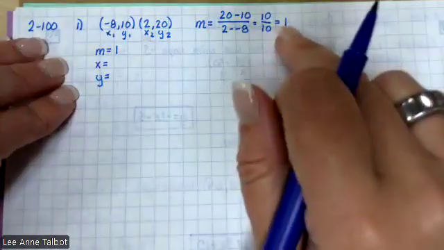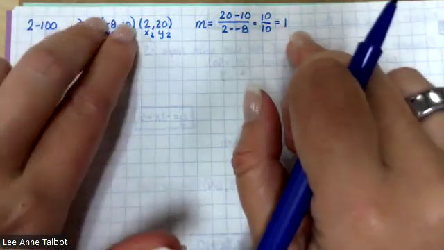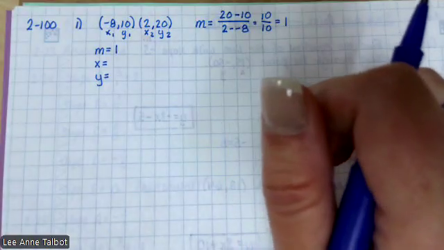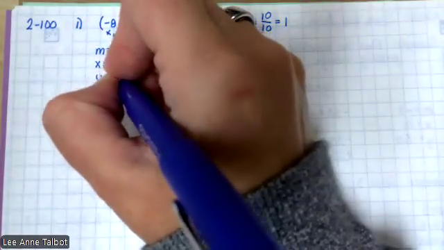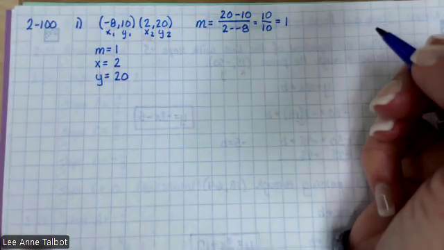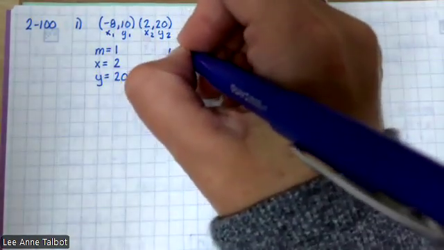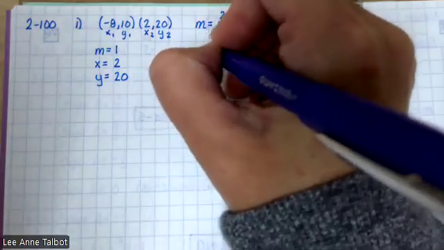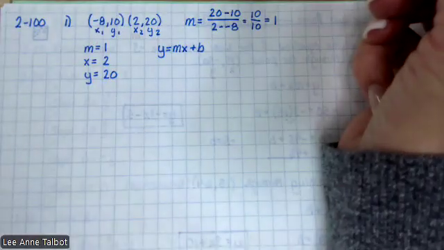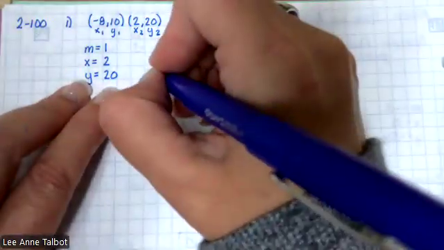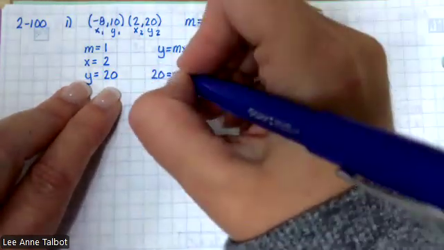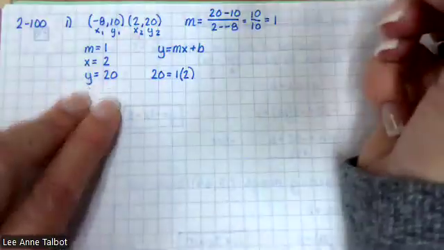M is 1 from our previous problem. And then which point is easier to choose, point 1 or point 2? 2. Y equals mx plus b. Okay, so y is 20, m is 1, x is 2.